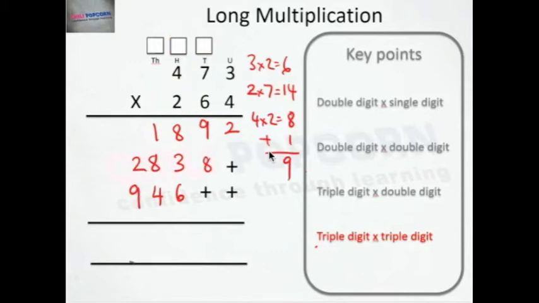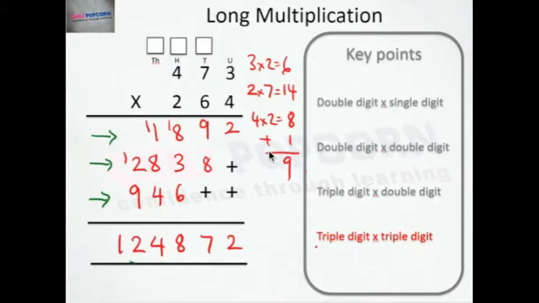Now we're going to add these up. Remember these 3 rows, we have to add them up. So 2 plus 0 is 2. 9 plus 8 is 17, carry 1. 8 plus 1 is 9, 10, 11, 12, plus 6 is 18, carry 1. 1 plus 1 is 2, plus 8 is 10, plus 4 is 14, carry 1. 1 plus 2 is 3, 3 plus 9 is 12.